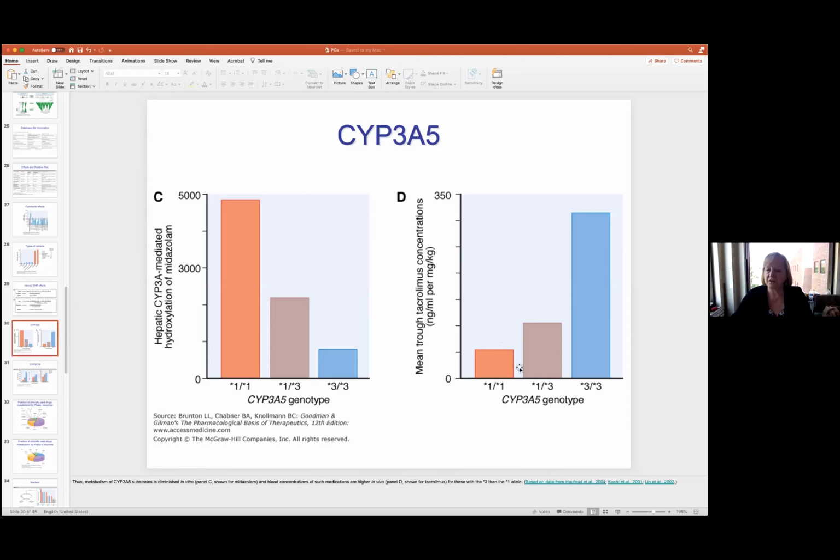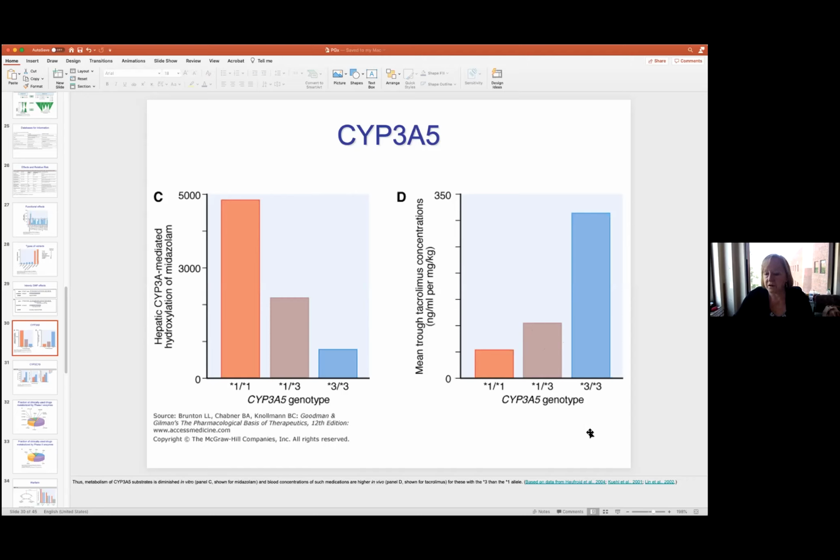Well, a lot of the drug has already been metabolized here. So with an active form of the CYP3A5 protein, you've got very, very little left in the trough because the drug's been metabolized. Here you have a heterozygote, and once again, an intermediate amount.